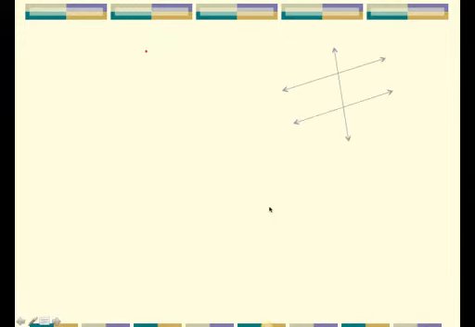Number 6, these kind of carry over one after the other, and now we're looking to kind of justify or use the theorems and definitions that we just came up with. So A is perpendicular to C. Yours is a little more tilted than mine is.